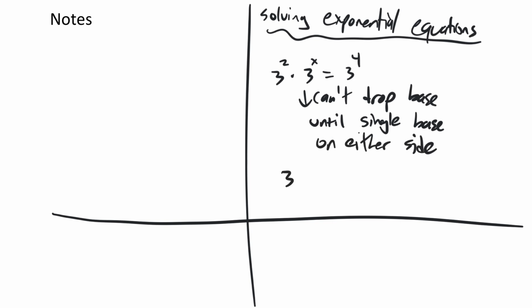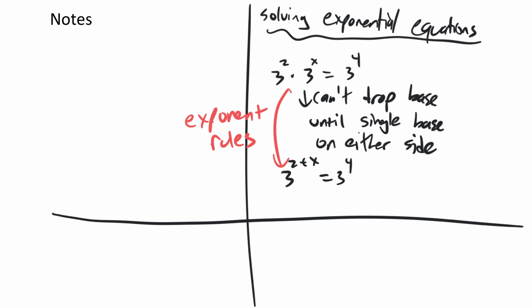So now you get 3 to the 2 plus x equals 3 to the 4. And of course, the way we did that was exponent rules. We're going to need those. They come up all the time when solving exponential equations.